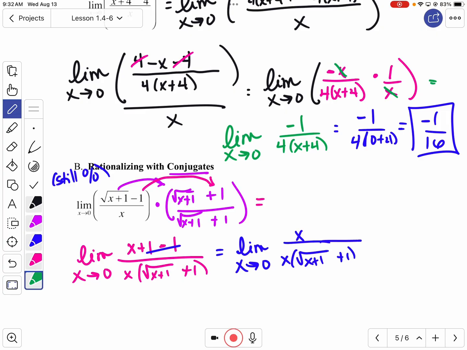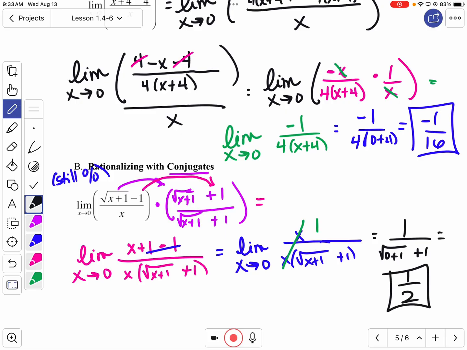All right? Now can I reduce numerator to denominator? Who's going to disappear? The x's. Can't leave that top empty, so it's going to leave me with a 1. Okay? And now we can substitute. All right? 1 over the square root of 0 plus 1 plus 1, which would just be 1/2.